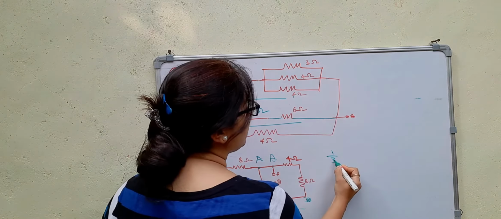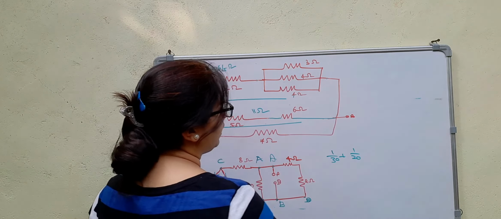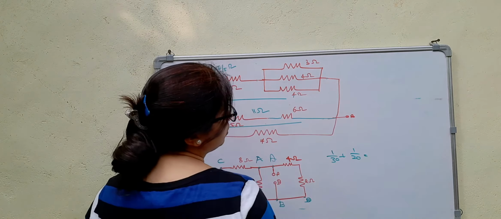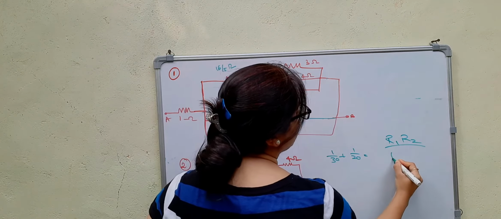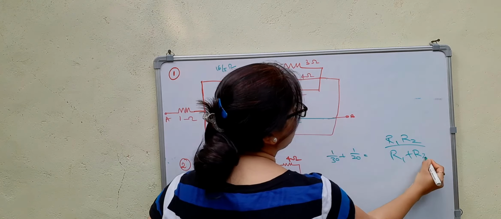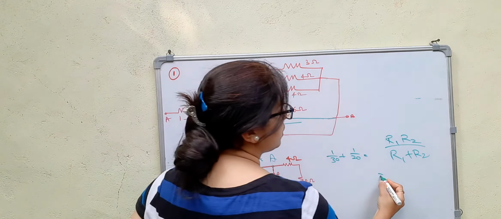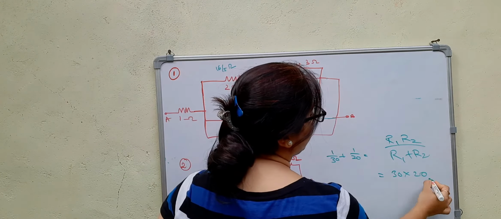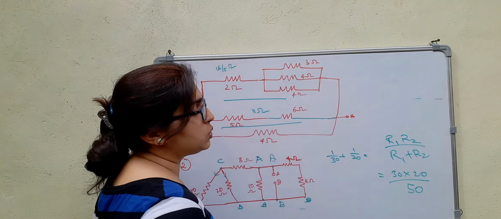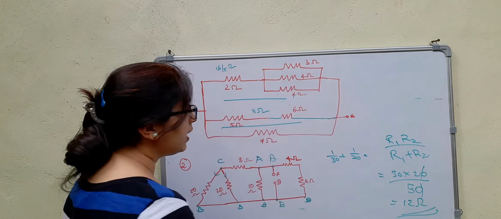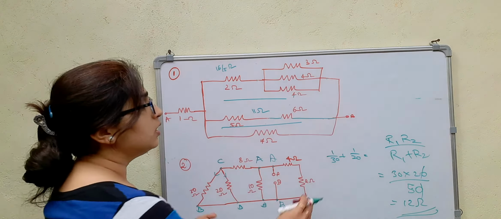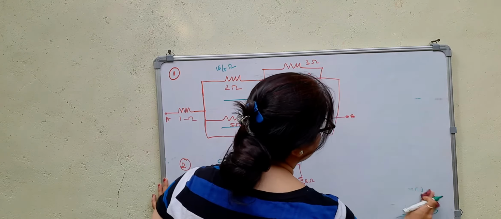So 1 by 30 plus 1 by 20, or we can also use the formula R1 R2 divided by R1 plus R2 when two resistors are in parallel. So this can be written as 30 into 20 divided by 30 plus 20, which is 12 ohms. Now I will replace that.